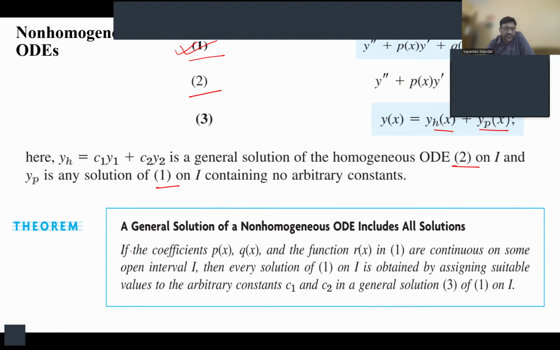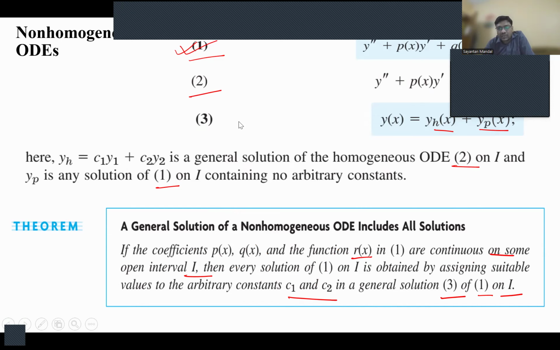The theorem states that if the coefficients p(x), q(x) and r(x), the non-homogeneous part in 1, are continuous on some interval I, then every solution of 1 on I is obtained by assigning suitable values to the arbitrary constants c1 and c2 in a general solution 3 of 1 on I.